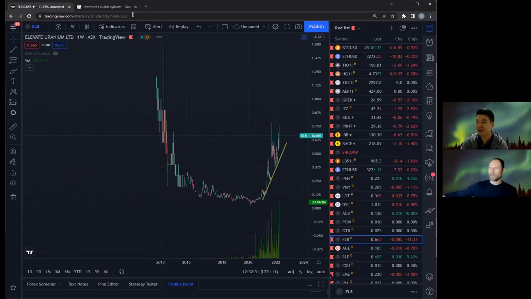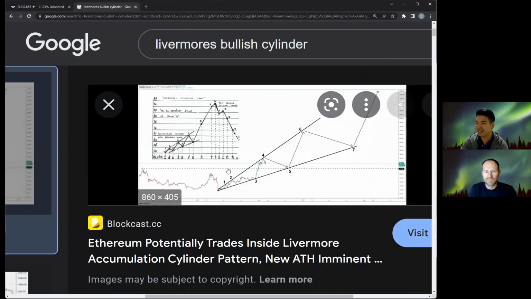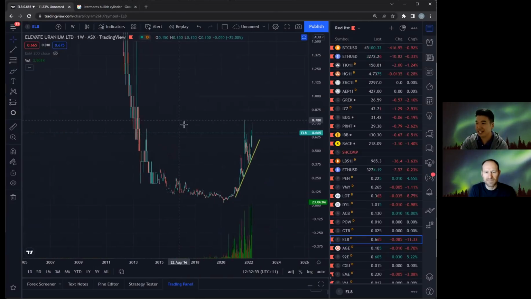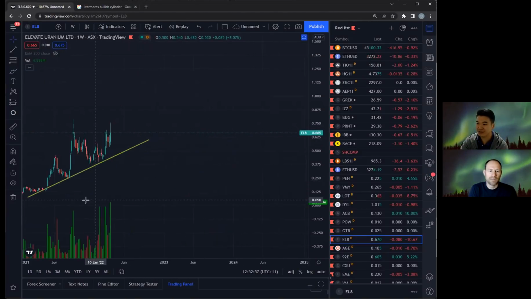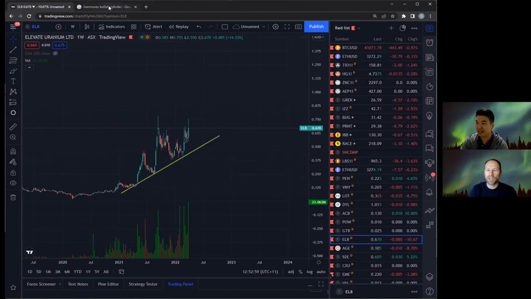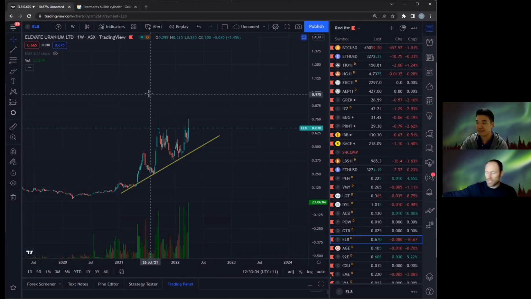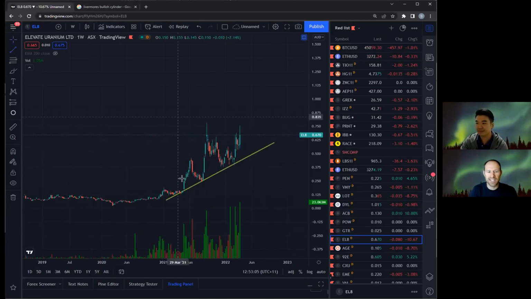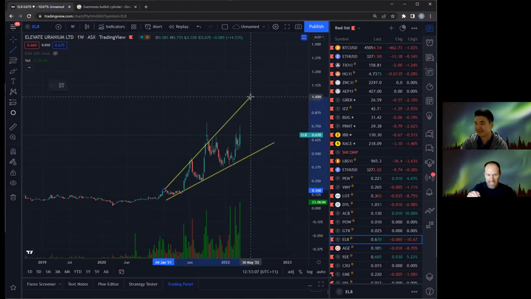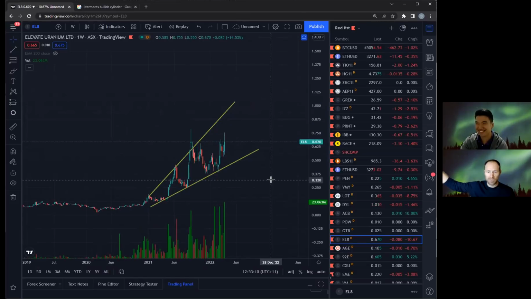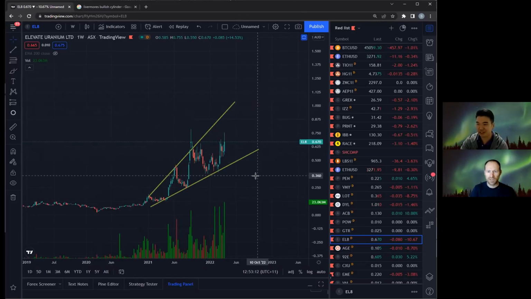I think once the Livermore bullish cylinder plays out, I think I've drawn this out before. So we've got the cylinder that's coming, that you've got right there pulled up. What that is basically saying is that's a lead-in to a much larger move, correct? Much larger move.